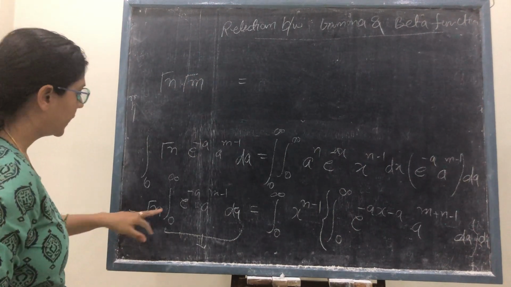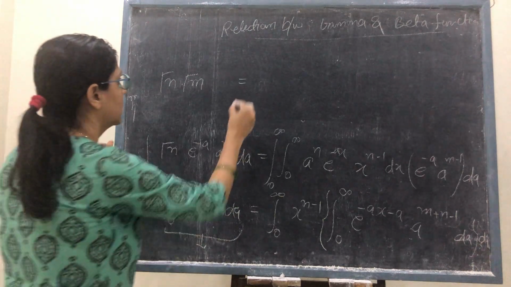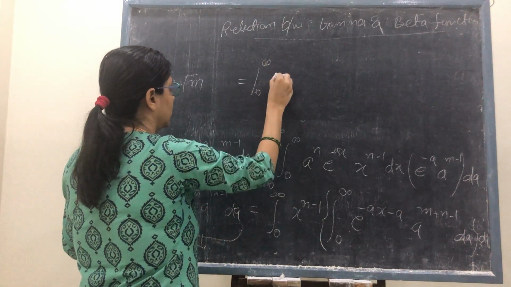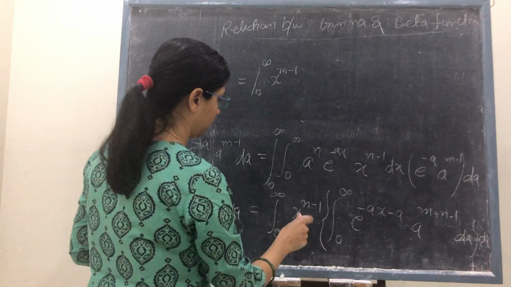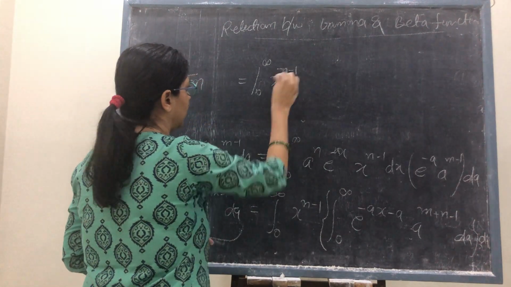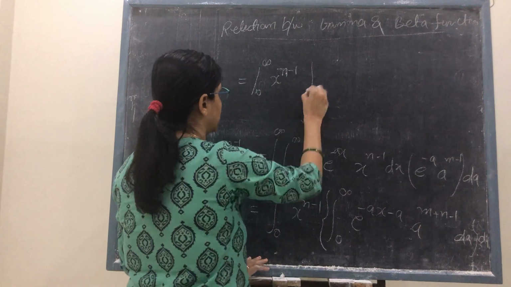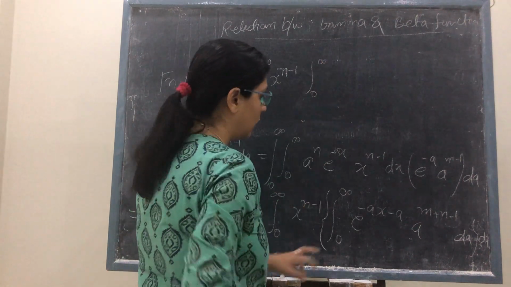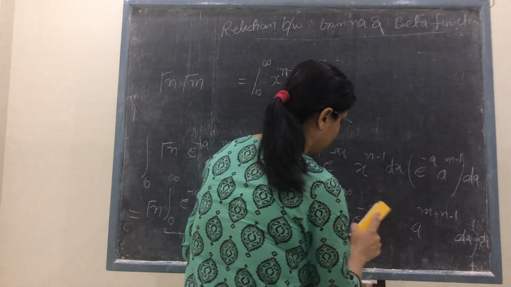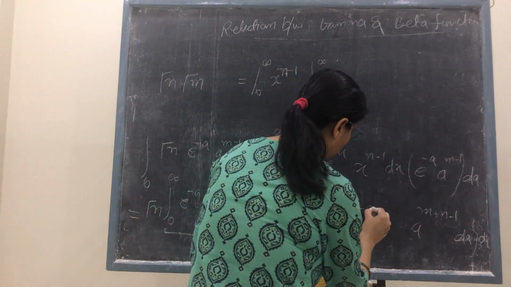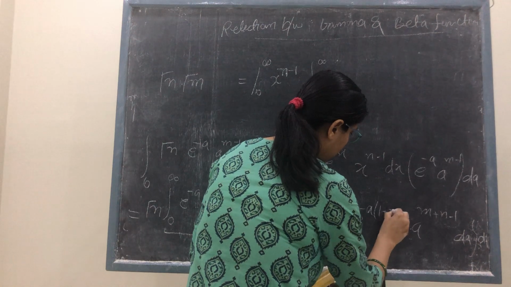So gamma of n into gamma of m equals the integral from 0 to infinity of x raised to the power m minus 1, and now x raised to the power n minus 1. Now here e raised to the power minus x, we can write as e raised to the power minus of a common and 1 plus x.